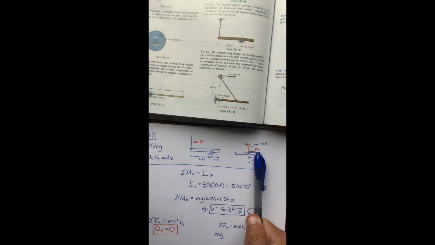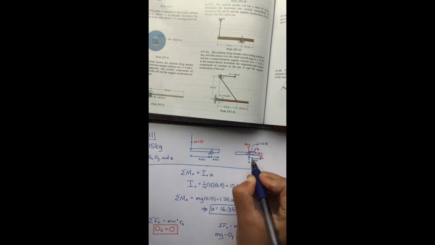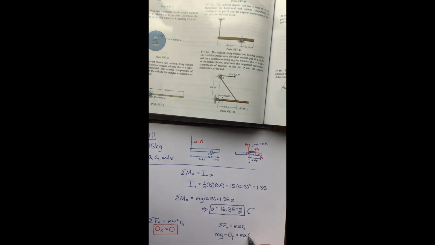It could be that the y component turns out to be negative, but if the y component is pointing upwards, that's the opposite of the tangential direction, so that's minus Oy. And this is equal to the mass times the angular acceleration times r_G, that's the distance between O and G, that's 0.15.